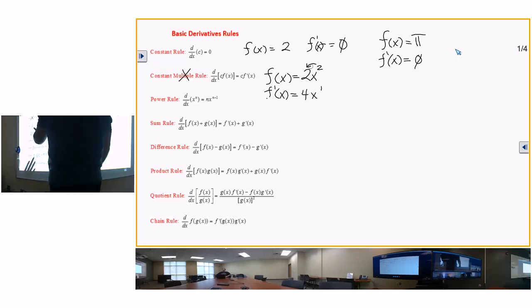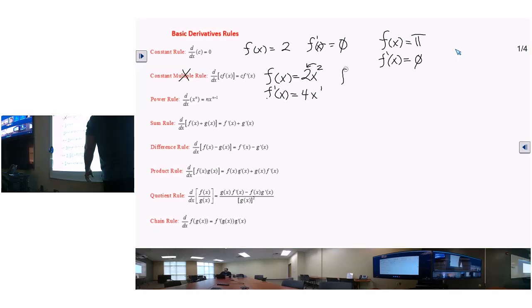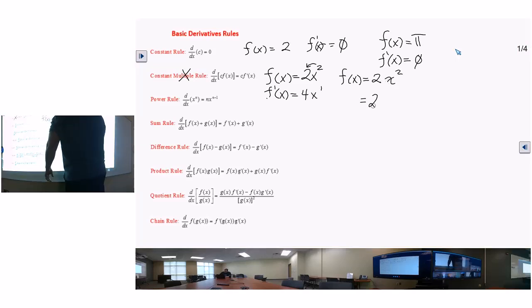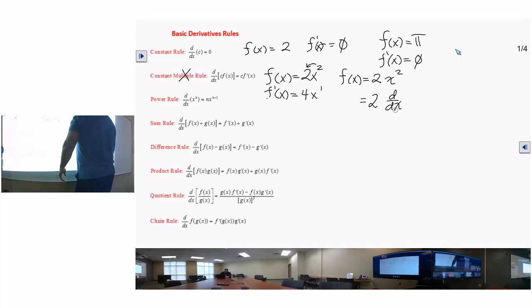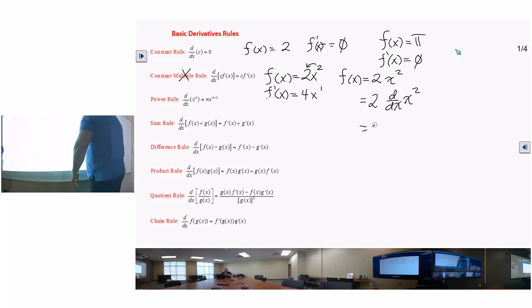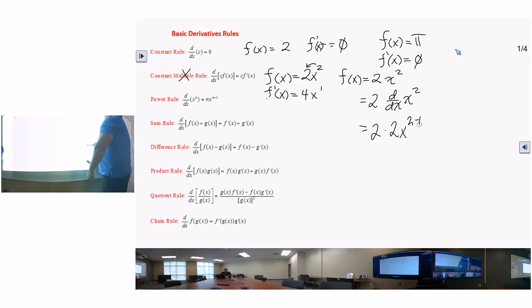The constant rule says basically that I could bring that 2 outside and say f of x is equal to 2 times the derivative d/dx of x squared. Does everybody see what I'm doing? I'm pulling the 2 out. And then what's the derivative of x squared? 2x, 2 minus 1, and then equals 4x to the first power, which is 4x.